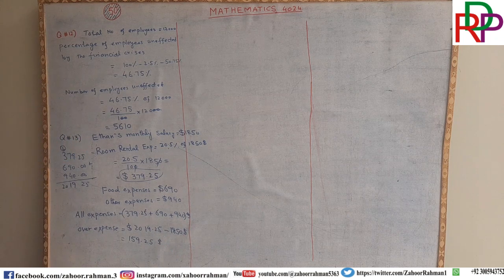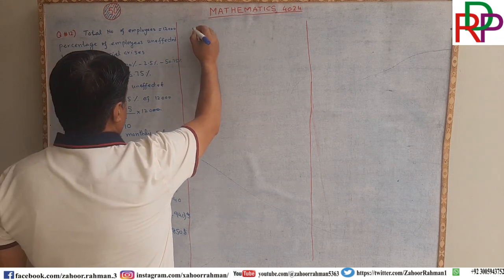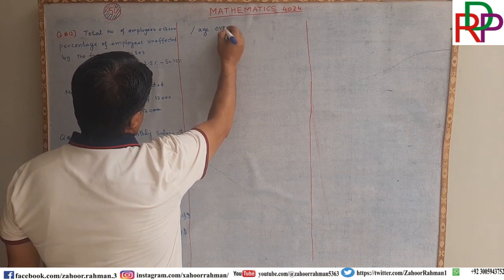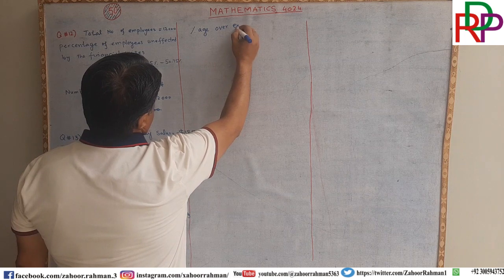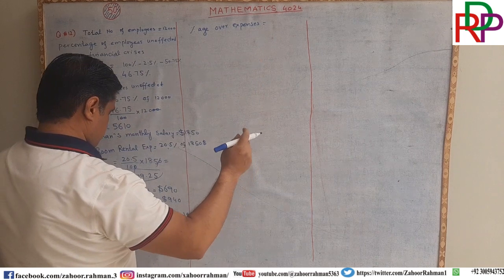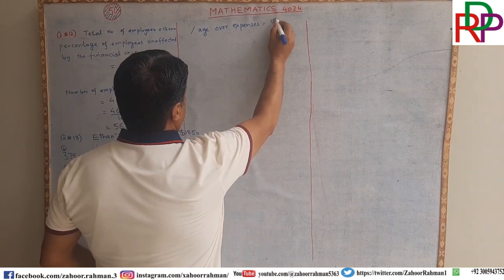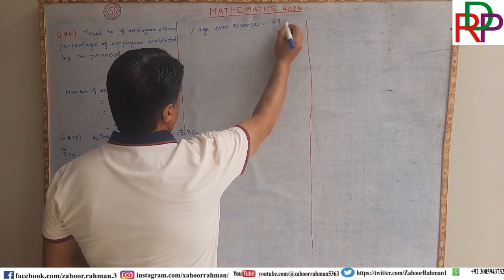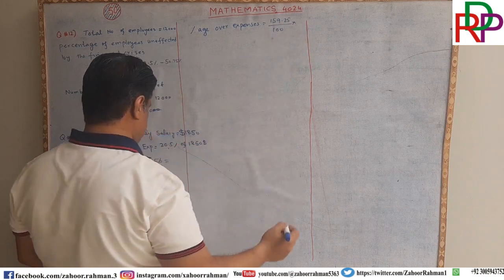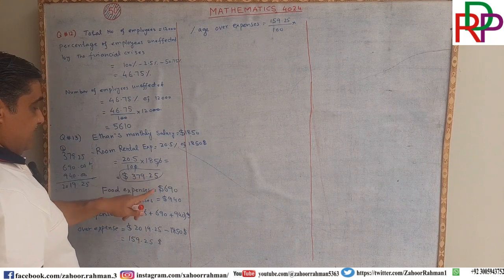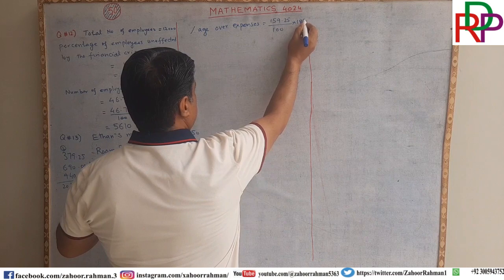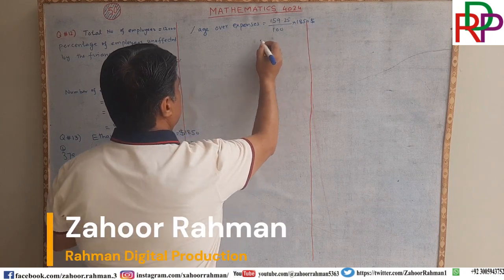Now we have to find the percentage. Over expenses are 159.25 divided by the original value, 1850 dollars, multiplied by 100.